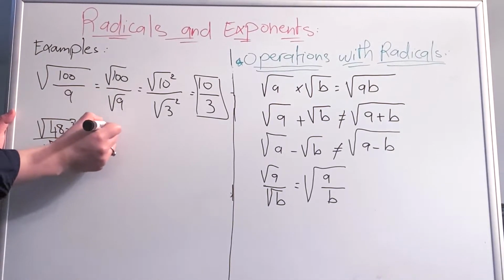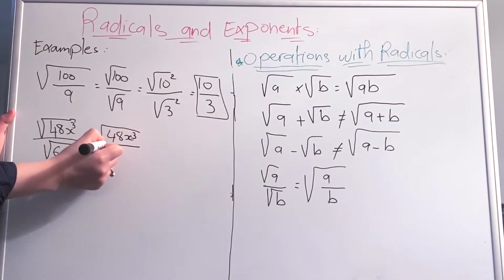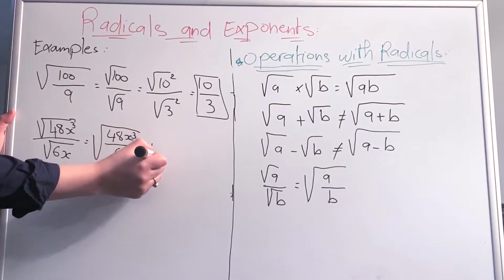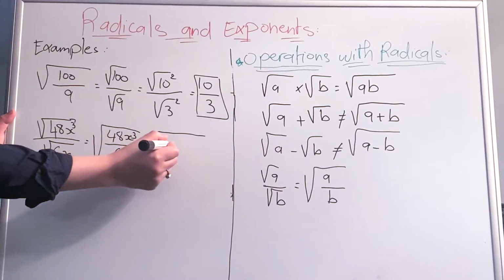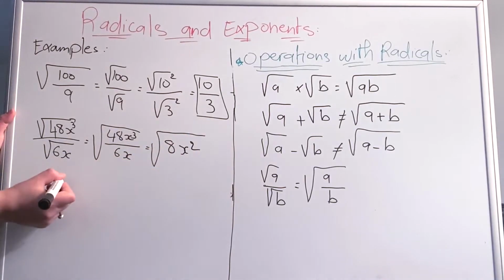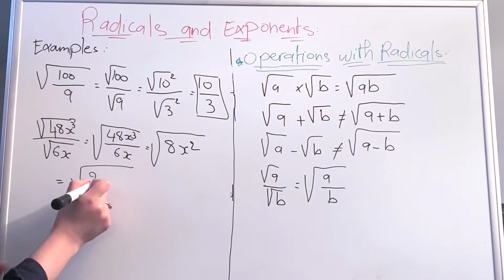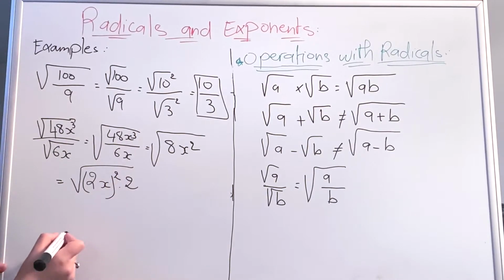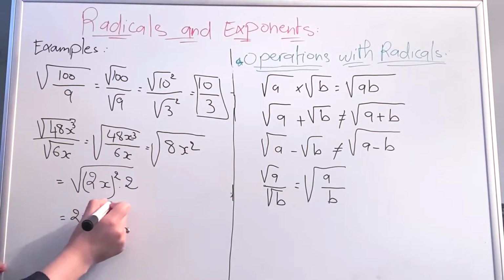So that's equal to the square root of 48 x cube over 6x, and that's equal to the square root, we're going to simplify this, 48 divided by 6 equals 8, and x cubed divided by x is x squared, equal to the square root of 4x square multiplied by 2, and that's equal to 2x square root of 2.